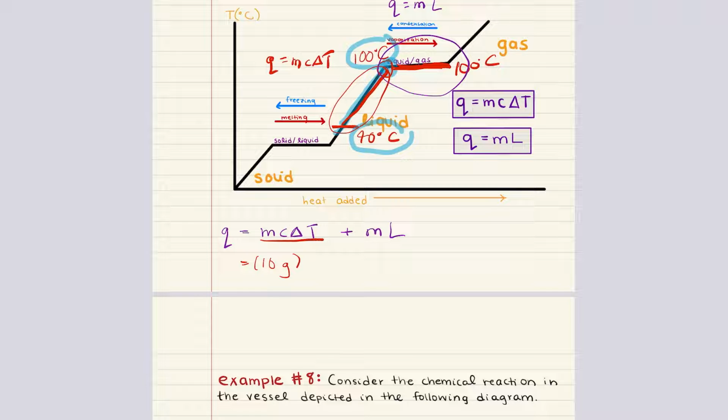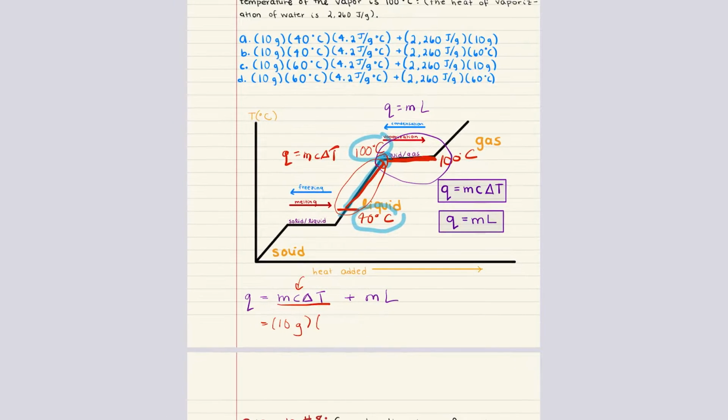That's what we're given in the problem. The specific heat capacity of water is 4.18 joules per gram per Celsius. They seem to round it in the problems to 4.2, so we can go ahead and do just that as well. And then delta T for this segment is going to be final temperature minus initial temperature.